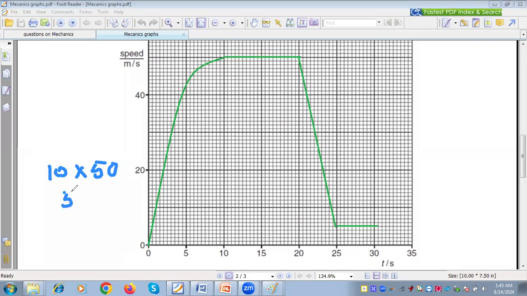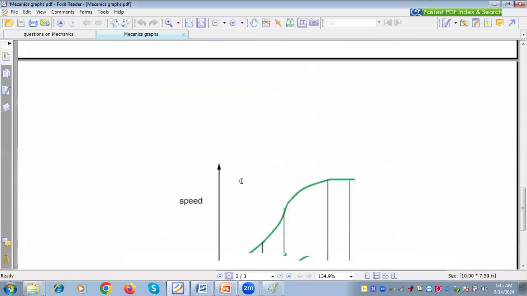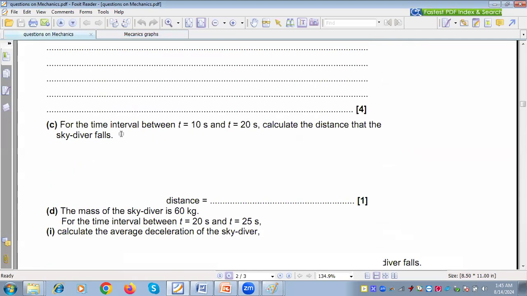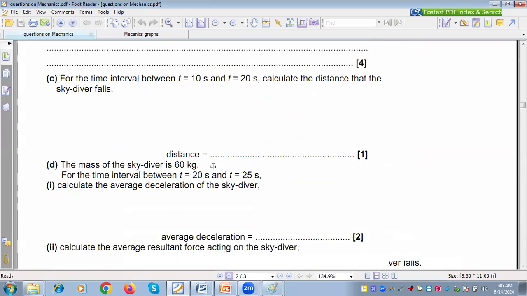So that is 500 meters. So the answer is 500 meters.